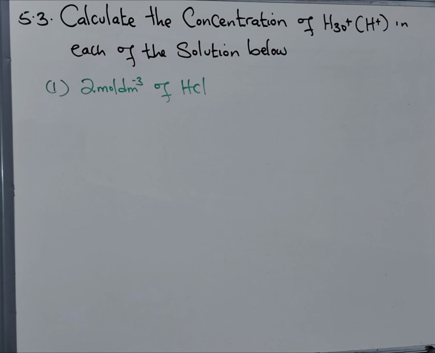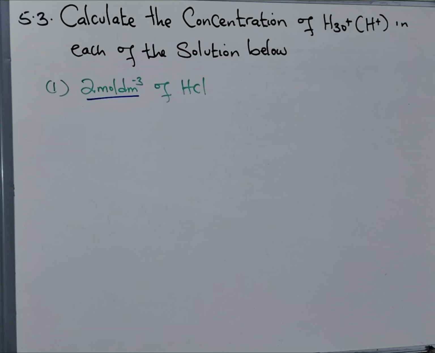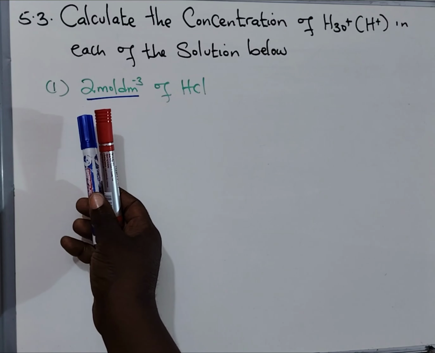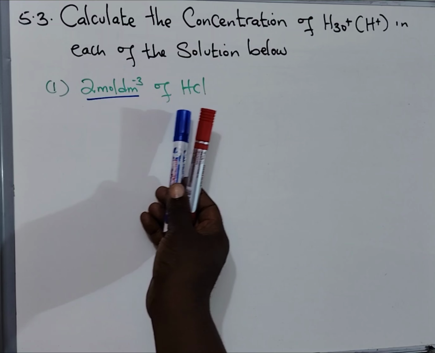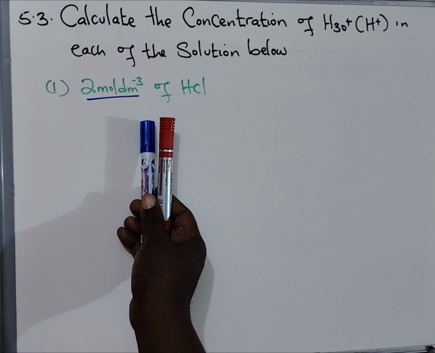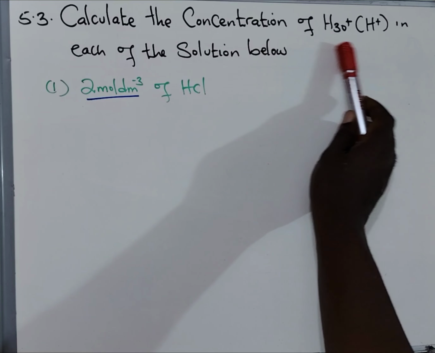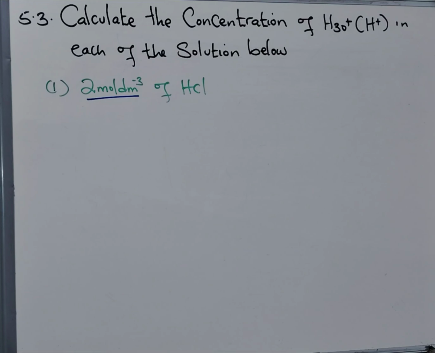You need to know that what is expressed here is concentration. So we're having the concentration of HCl as 2 moles per cubic decimeter. But what does the question want? The question is looking for the concentration of hydronium ion.